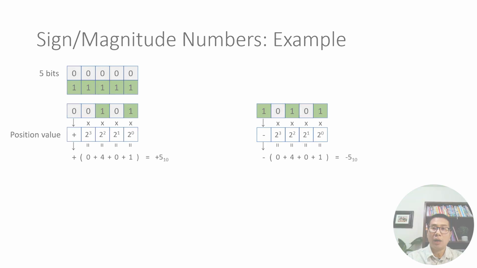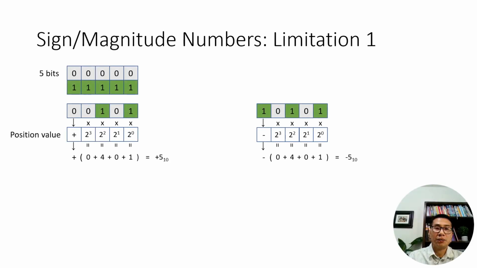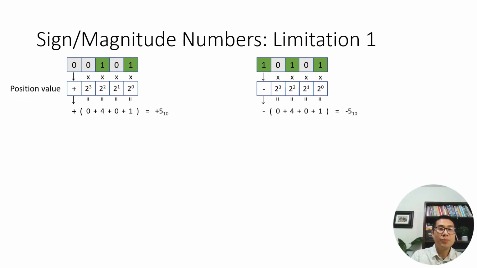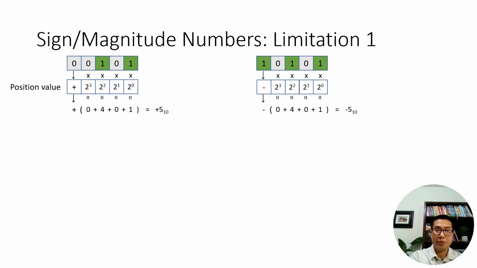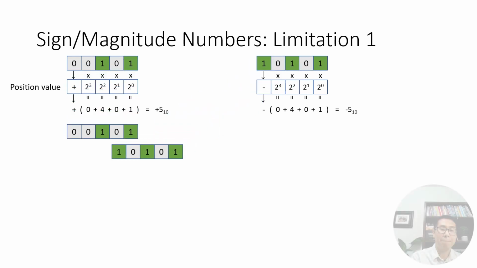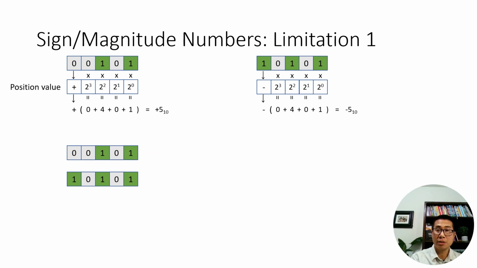Now, sign magnitude is very simple and straightforward, but it has some limitations. Let's say we take those two numbers, positive 5 and negative 5, and perform binary addition like we have learned so far.